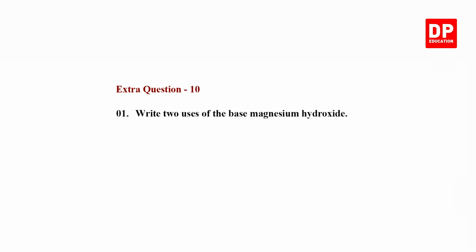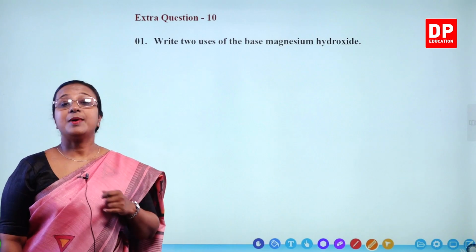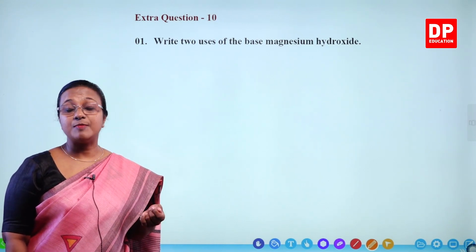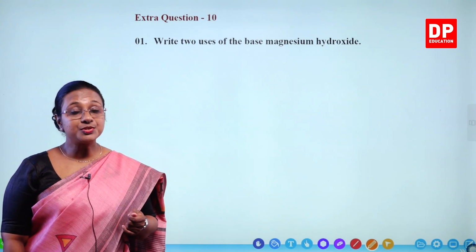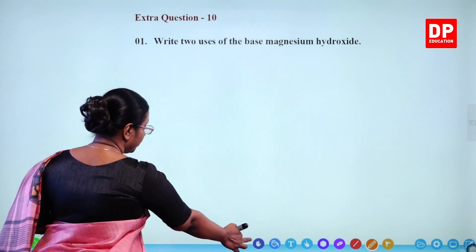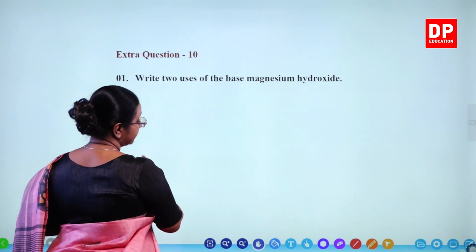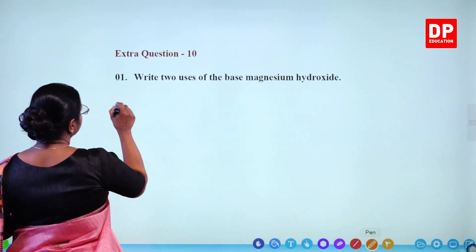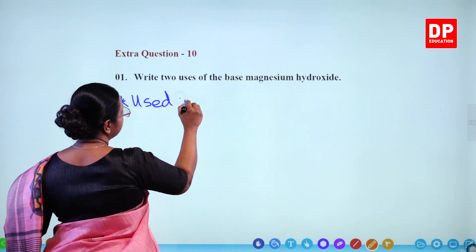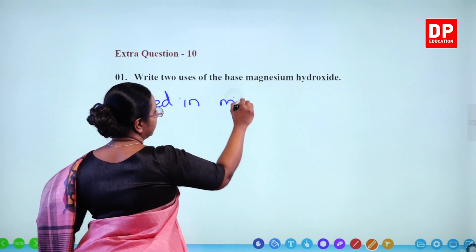Extra question 10. Write 2 uses of the base magnesium hydroxide. What are the uses of magnesium hydroxide? It's used as milk of magnesia and also to purify molasses. So those are the uses of magnesium hydroxide. Used in milk of magnesia.